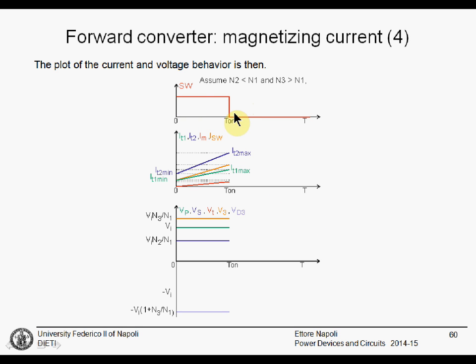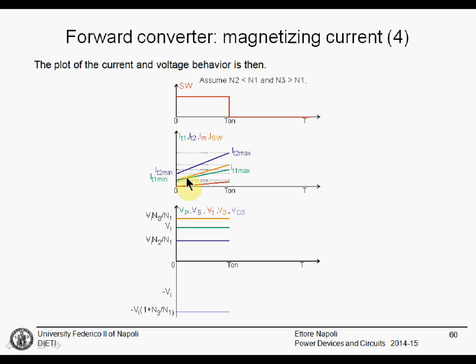In this phase, when the switch is on, we say that the magnetizing current in red will begin from 0 and then will increase linearly with a derivative that depends on the magnetizing inductance and the supply voltage. We say that this current must be small.